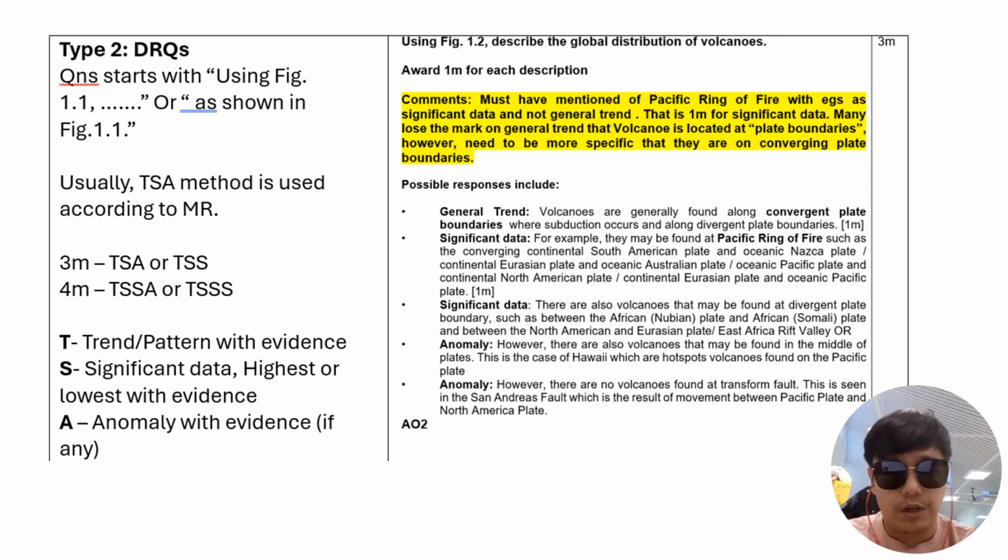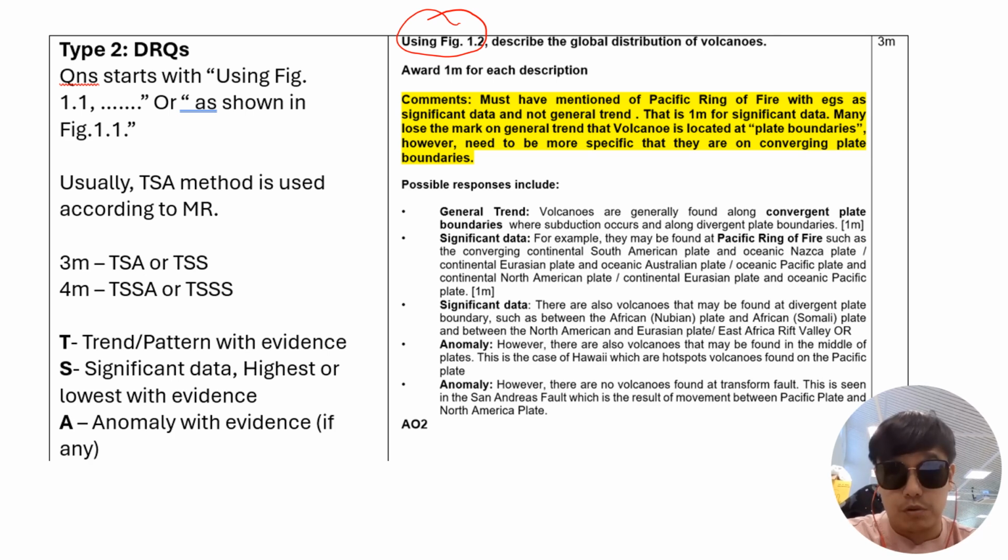Okay, so firstly, we're going to talk about the first type of DRQ, and usually this type of DRQ starts with using figure 1.2 or using certain figure. The language of using figure will tell you that this question only needs you to use the figure that is given.